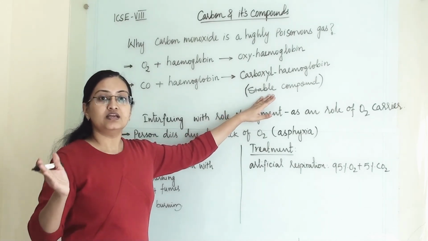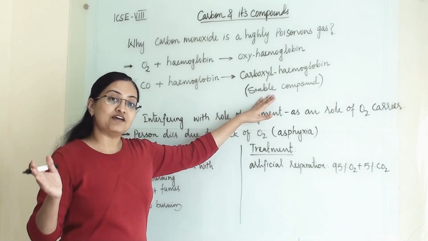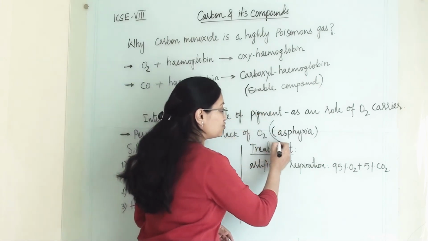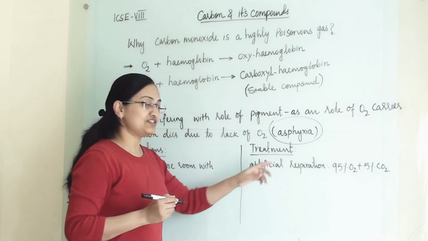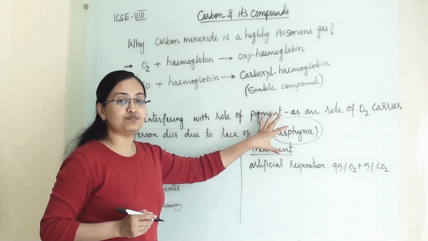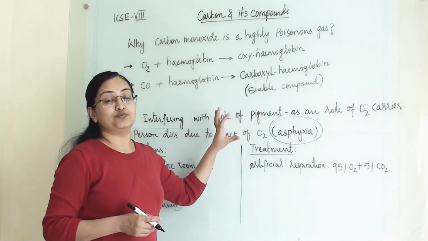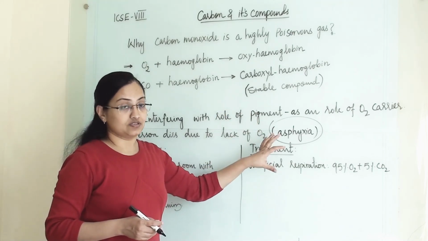In turn, this will create deficiency of oxygen in our body, and this situation is known as asphyxia, and because of this person will die with suffocation and it may result in unconsciousness.